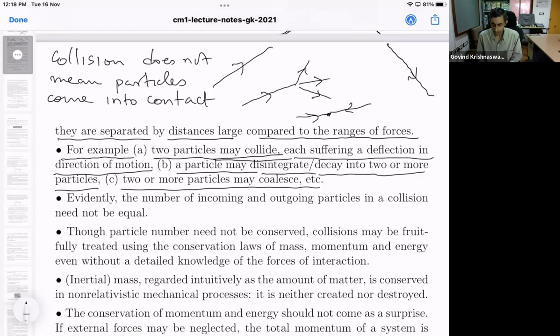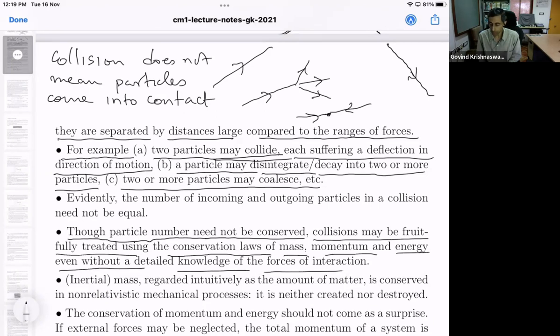But the point is, I hope these examples illustrate that though the particle number need not be conserved, it often is, but it need not be conserved. Collisions may be fruitfully treated using conservation laws of mass, momentum, and energy, even without a detailed knowledge of the forces of interaction.